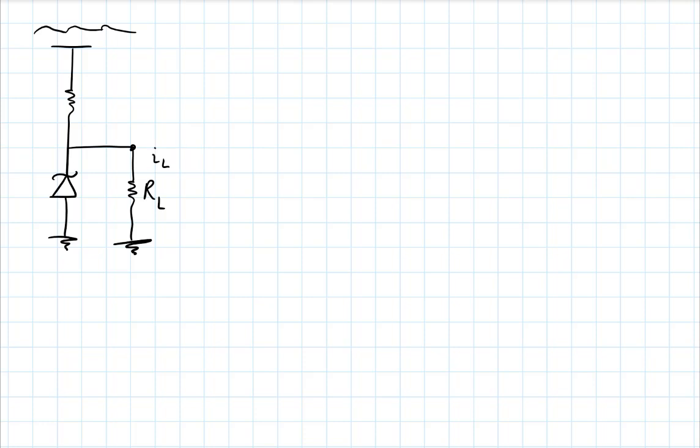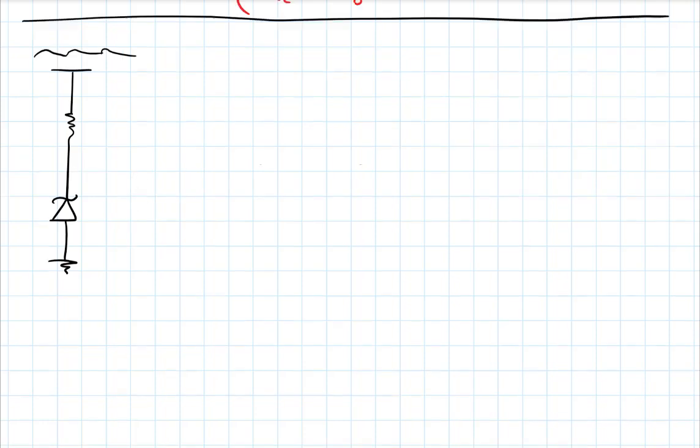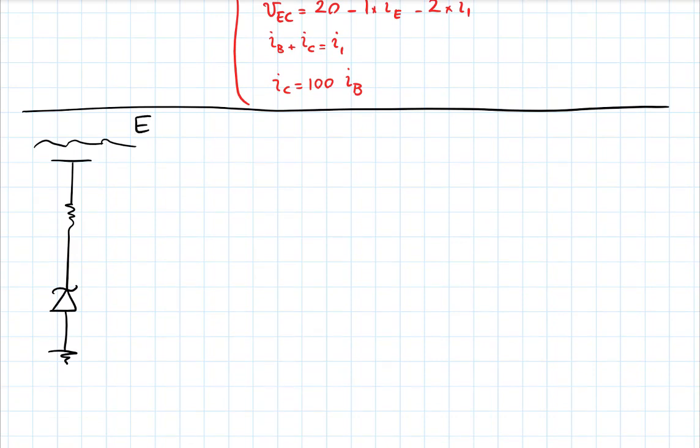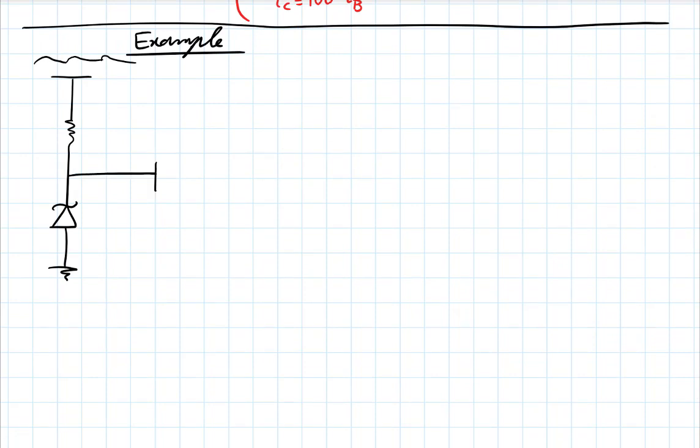Now look at this circuit. Think about what this does. So this is another example. Let's make it more quantitative. Assume that this input is varying between 10 volts and 11 volts.